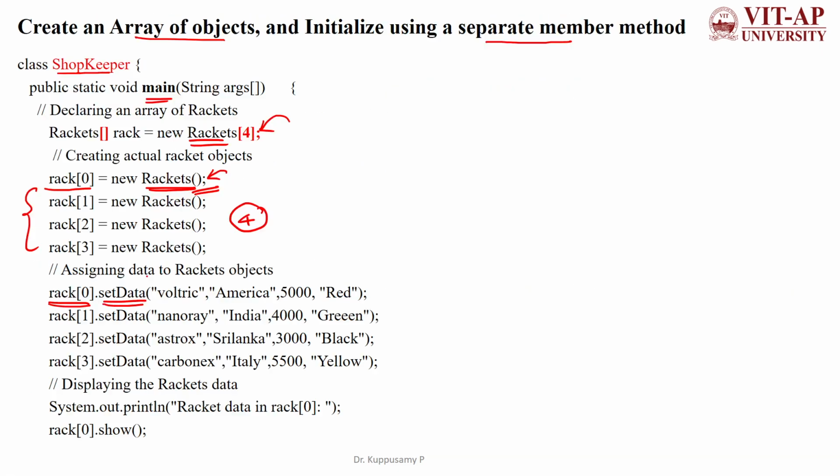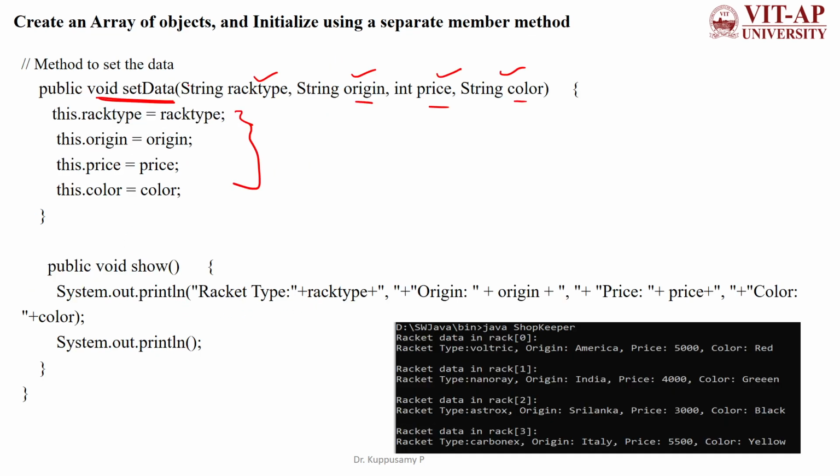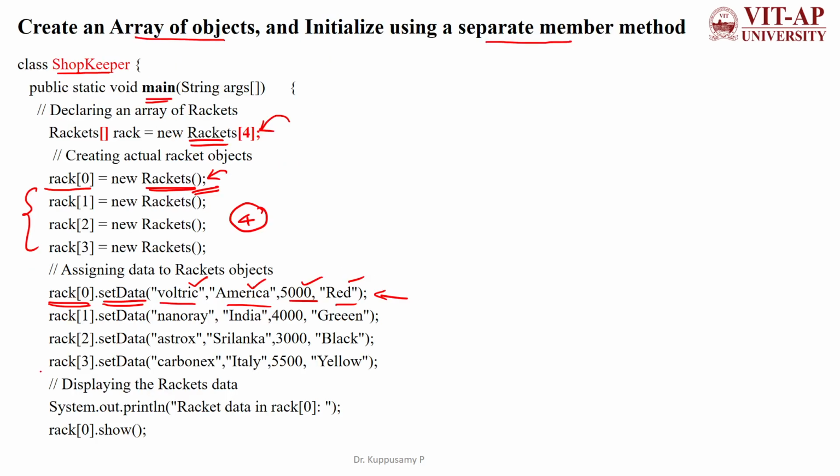So like that, when you are calling this method, automatically these 4 values are passed to this member method. Then all the values are assigned to respective current object values. Then after that, here we are assigning values to second object variable, third object variable, and fourth object variable.